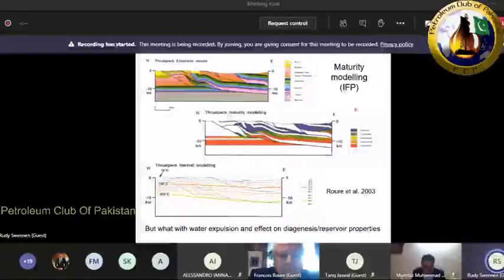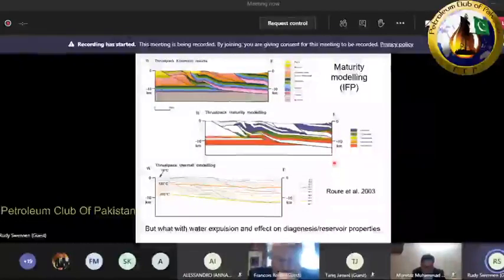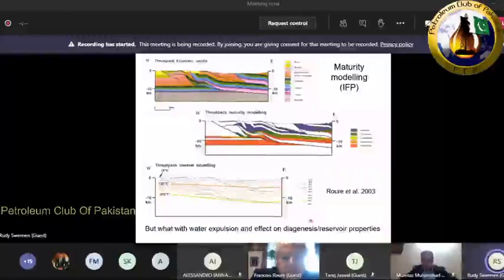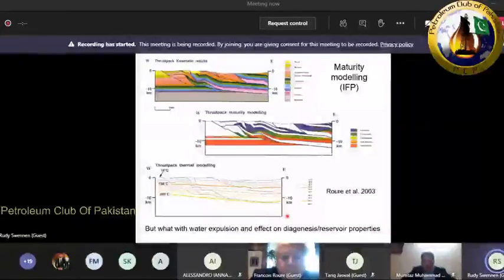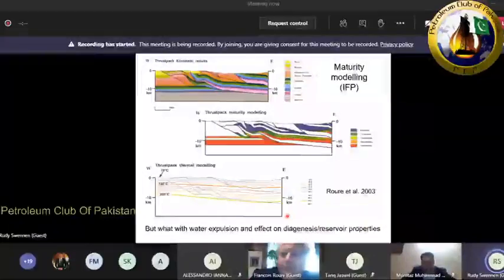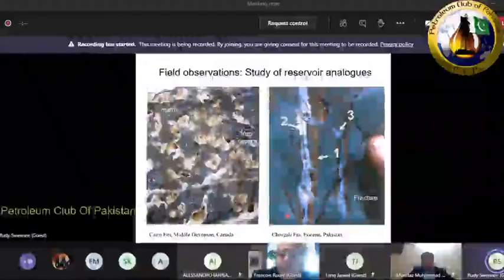And the curious thing is that this type of modeling was highly developed over the last years, but there were no models really at that time looking to the water which is expelled during tectonic deformation and the effect of this type of fluid flow on the diagenesis and on the reservoir properties. And this was then worked out by people from IFP to be able to put, apart from the thermal modeling or the maturity modeling, also the modeling of the fluid flow and the potential effect on the reservoirs.